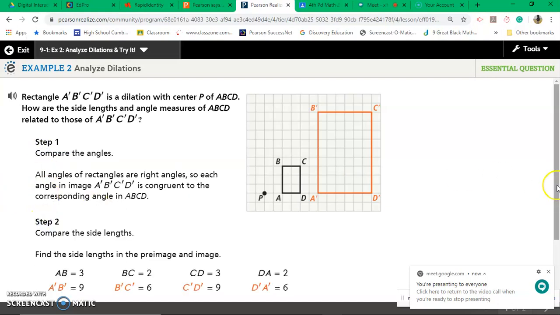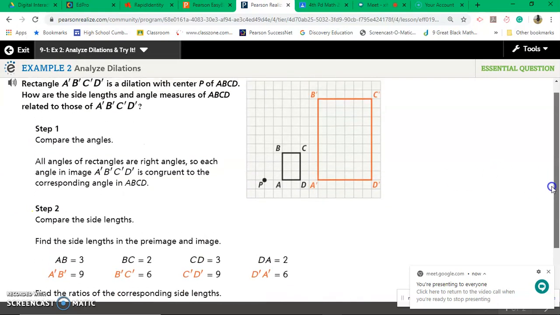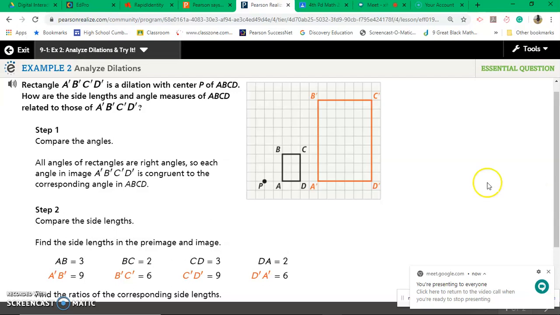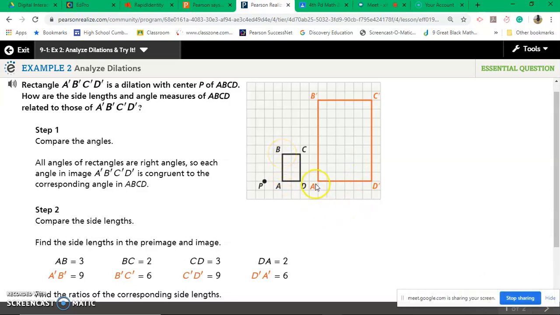All right, now let's look at the side lengths. If we look at the side length of AB, you count 1, 2, 3, and then count the side length of the image A prime, B prime. We got 1, 2, 3, 4, 5, 6, 7, 8, 9. Okay, let's look at BC. BC is 1, 2.